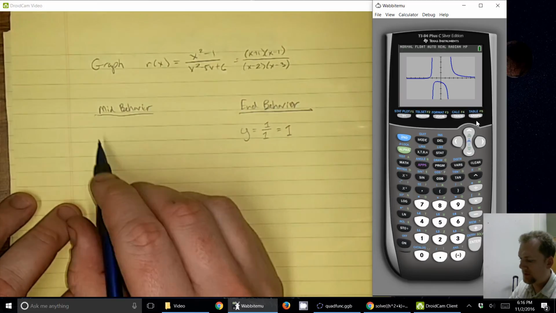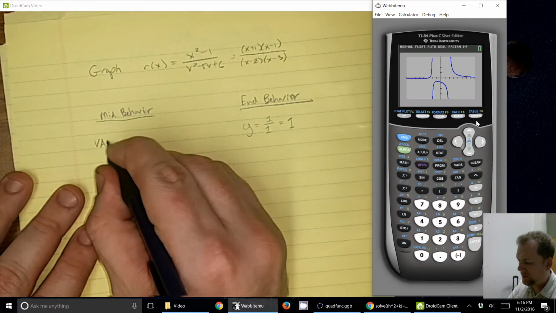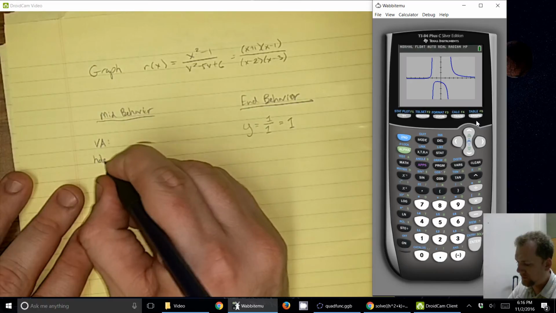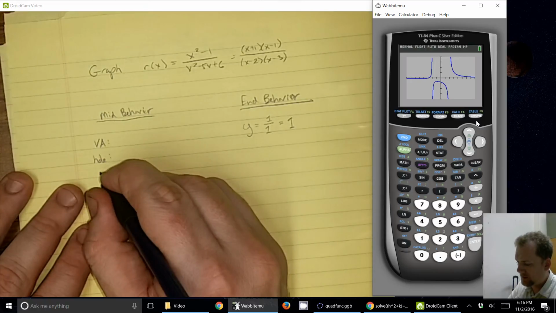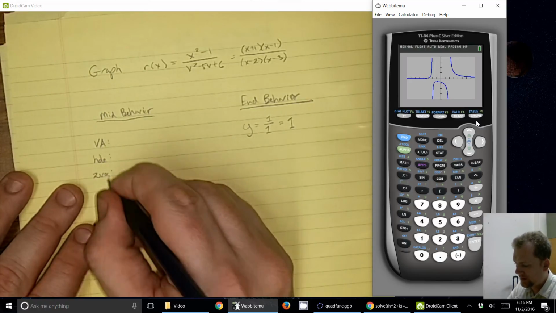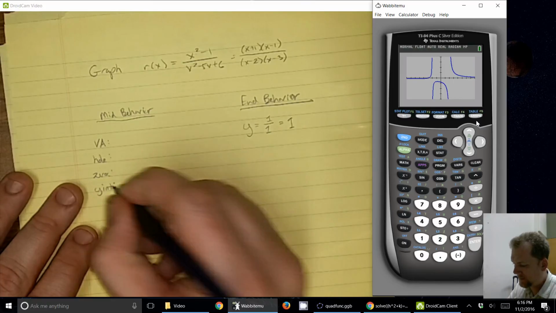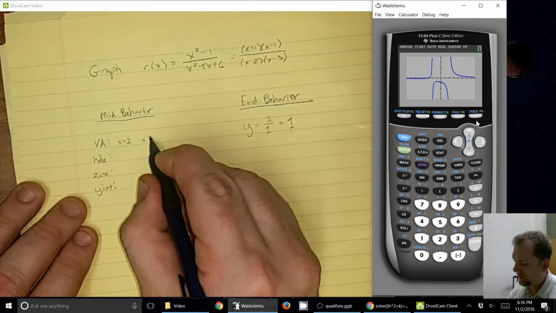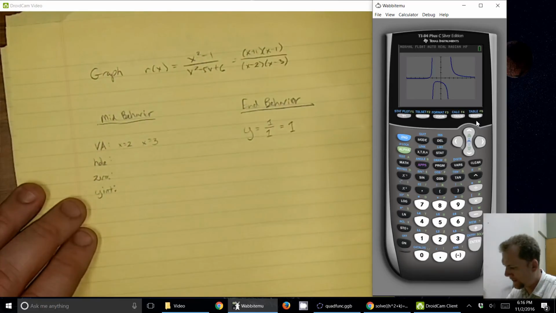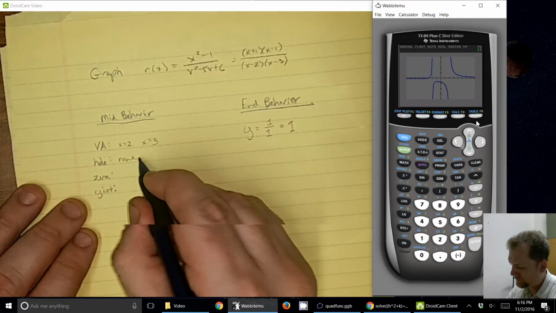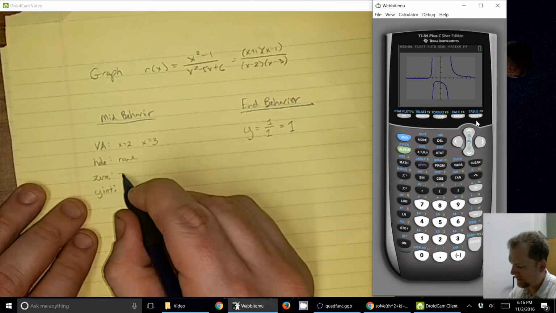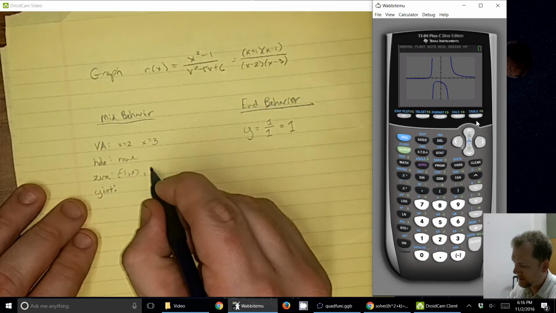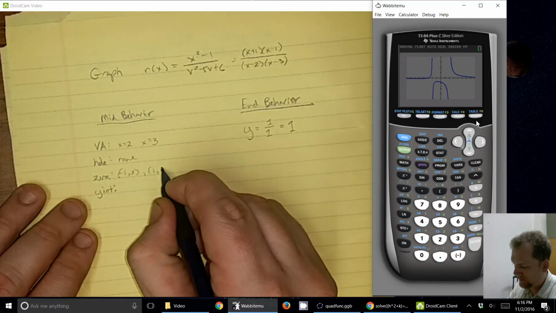Mid behavior, we need vertical asymptotes, holes, zeros, and then the y-int. So vertical asymptotes, x is 2, x is 3. Okay. No holes. Zeros are at -1, 0, and 1, 0.